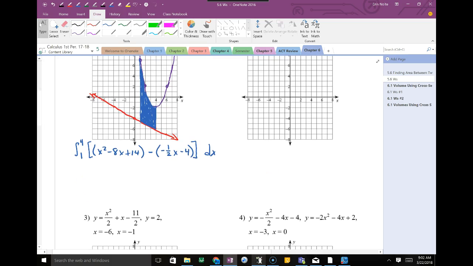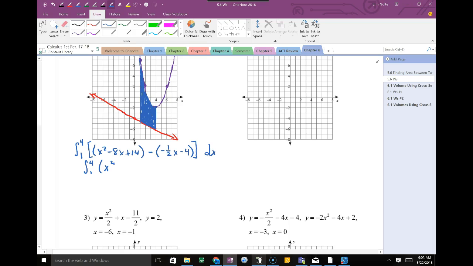Okay, so before I integrate, I'm going to combine like terms. So how many x squareds do I have? I have 1, so I have x squared. How many x's do I have? If I have negative 8x minus negative 1/2x, so negative 8 plus 1/2.